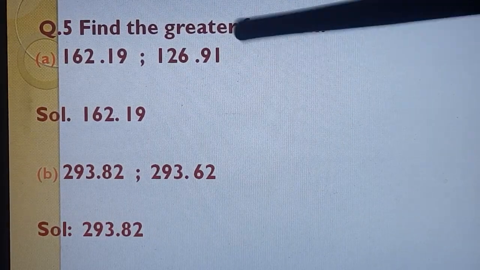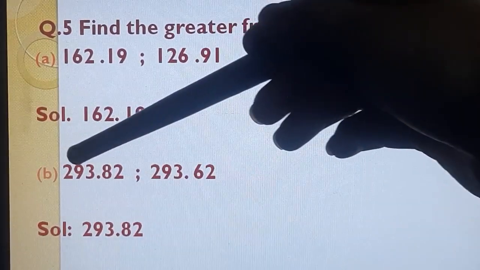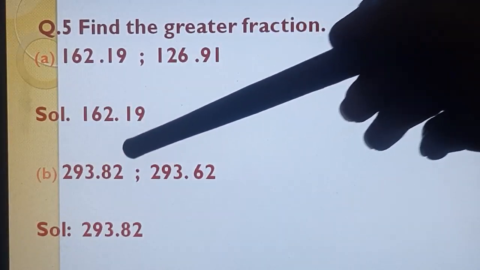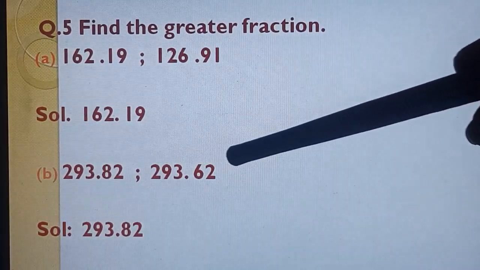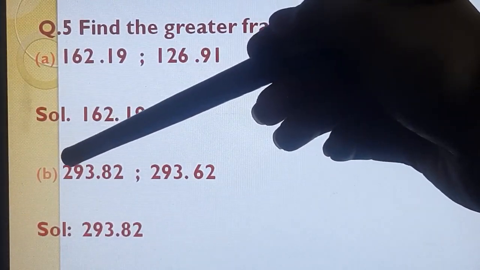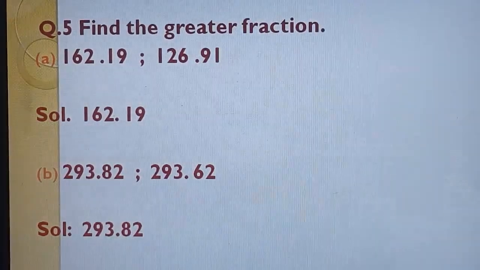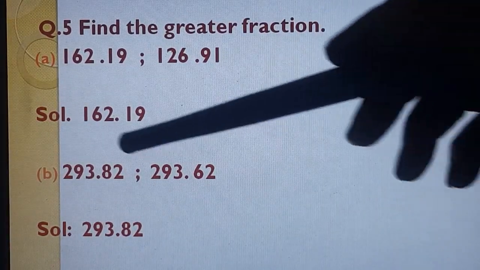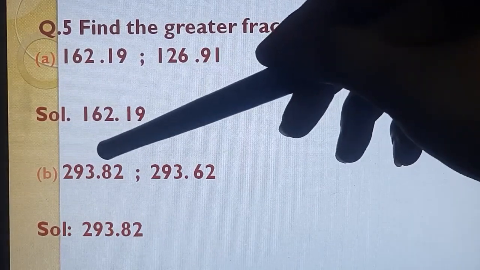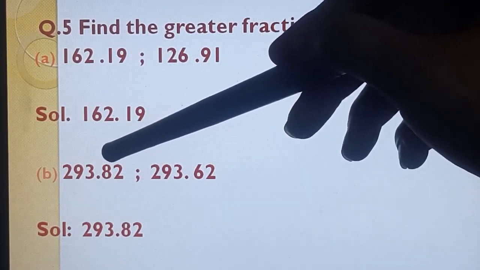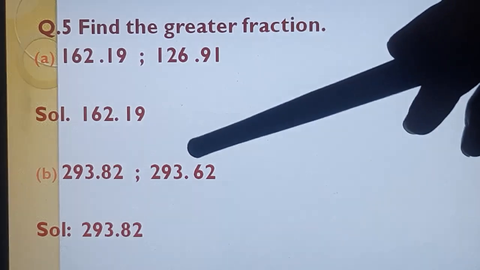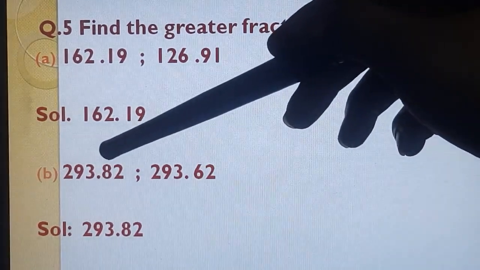Right? Now see the next part, 293.82 and 293.62. Now see the whole number part, 293, 293, same. Now let's check our 10th place, the first place after the decimal. 8 and 6. Greater is 8.